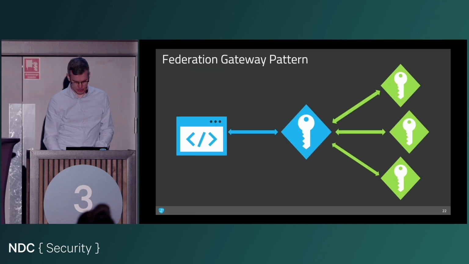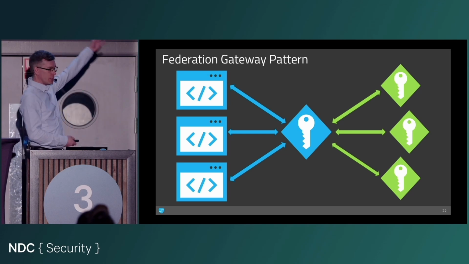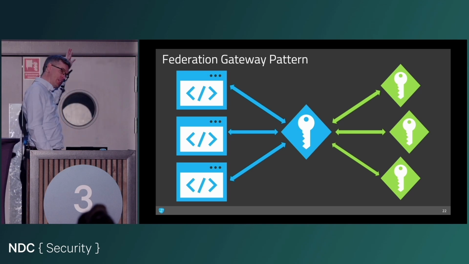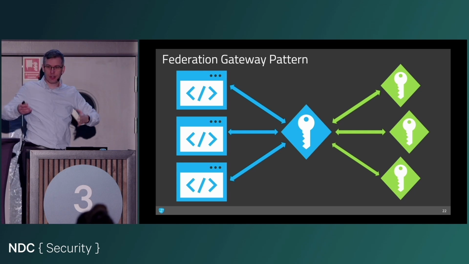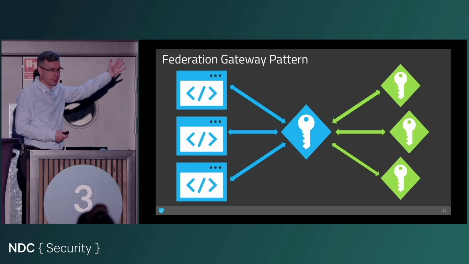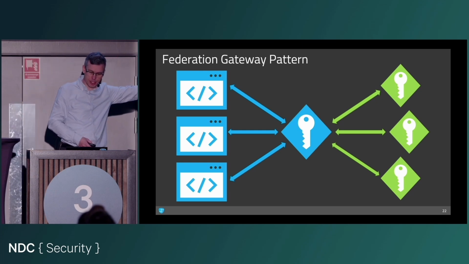Let's get back to it. If we look at the Federation Gateway architecture, the role of the Federation Gateway is to shield the client applications from all of that. So the client applications should get a unified internal definition of the identity from the Federation Gateway, and then it's up to the Federation Gateway to interact with the upstream providers and translate.